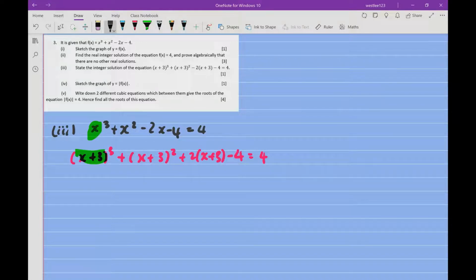So what we do is replace x with x plus 3. Originally, the solution was 2, correct?